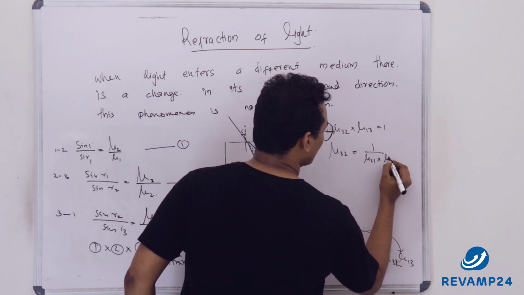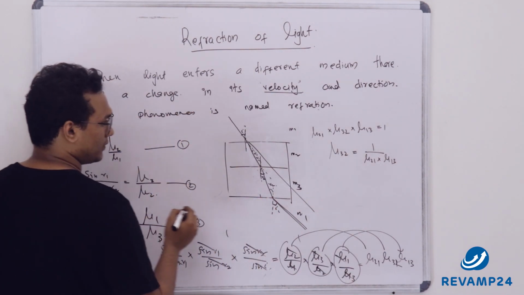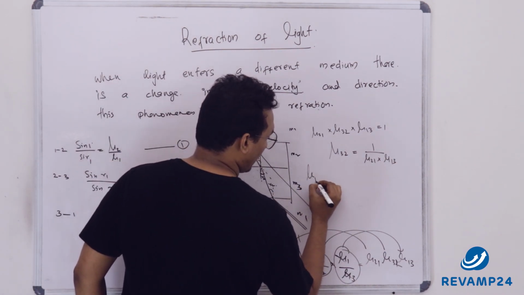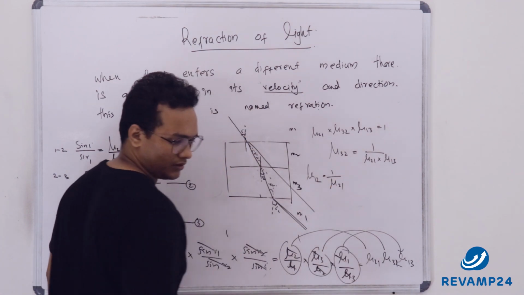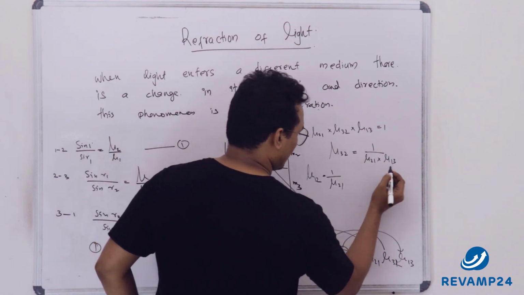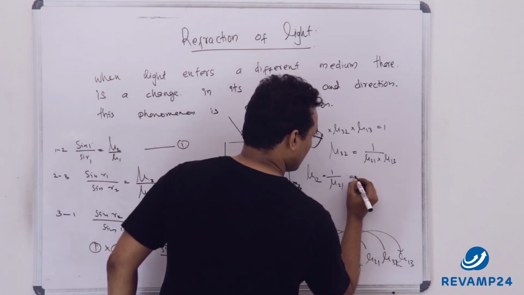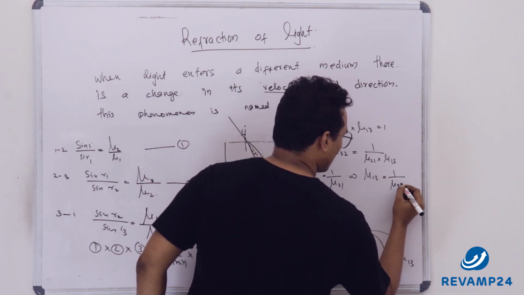mu21 into mu13. And I have told you in the previous example that mu12 can be written as 1 by mu21. Same thing I am going to do with mu13. So this implies that mu13 is equal to 1 by mu31.